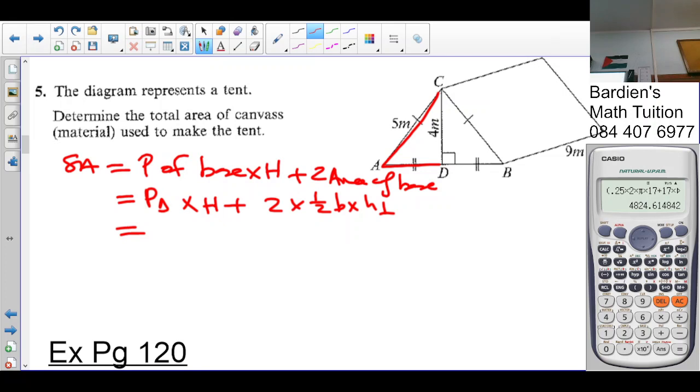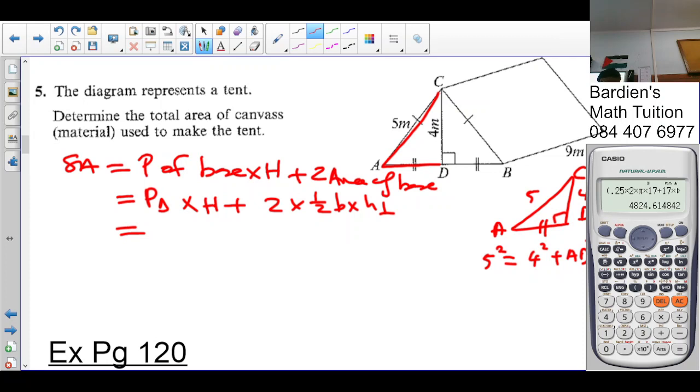But what do you notice here? You can use Pythagoras in triangle CDA to calculate that unknown. I have 5 and 4 here. State the theorem of Pythagoras: 5 squared equals 4 squared plus AD squared, with angle D equals 90.